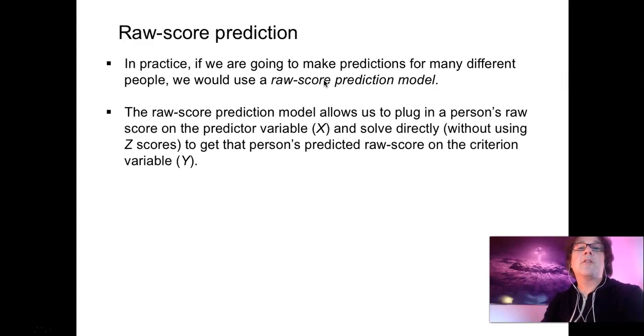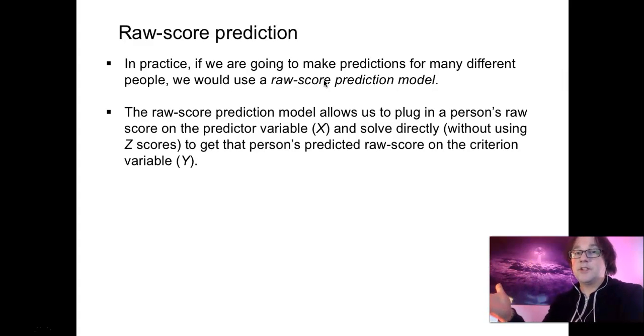When we talk about raw scores, we're not dealing with z-scores. We're dealing with the actual values of the predictor variable, their actual score on x, and we'll get a predicted raw score on y, not a predicted standardized score.